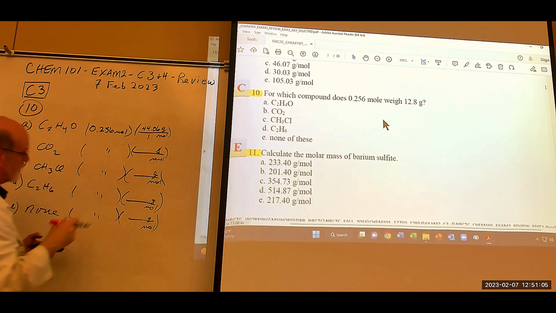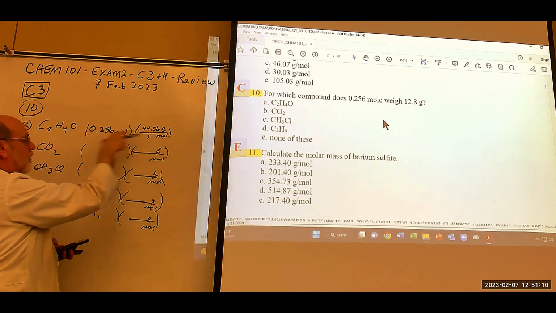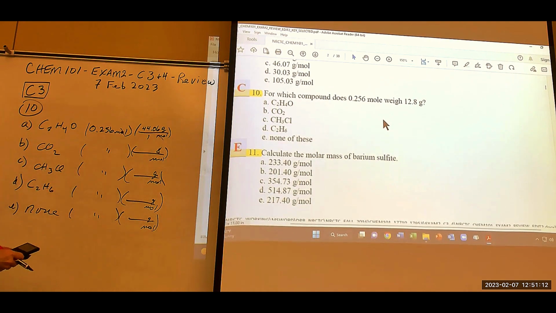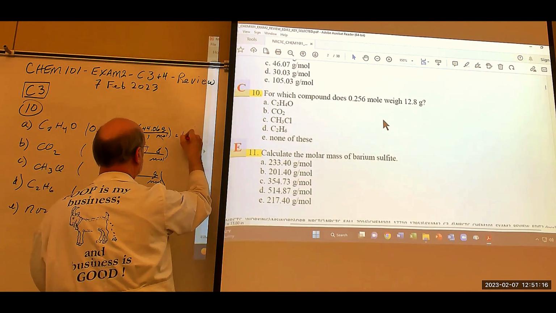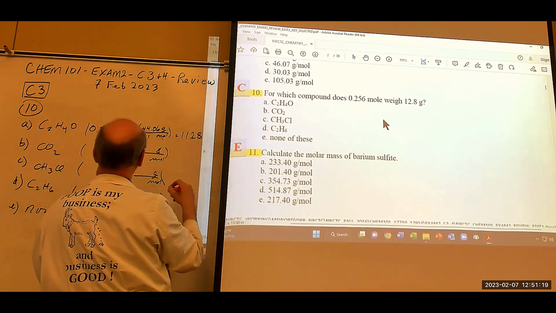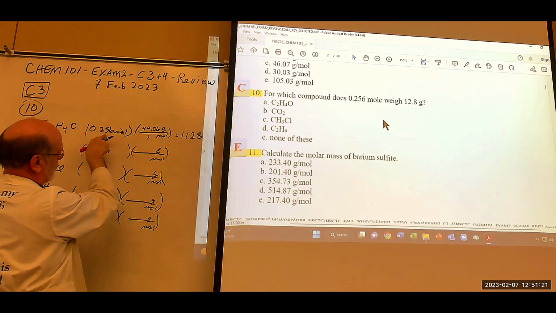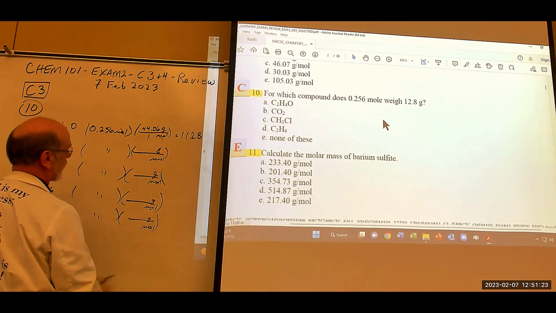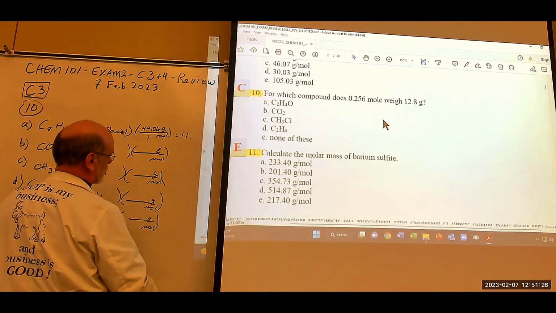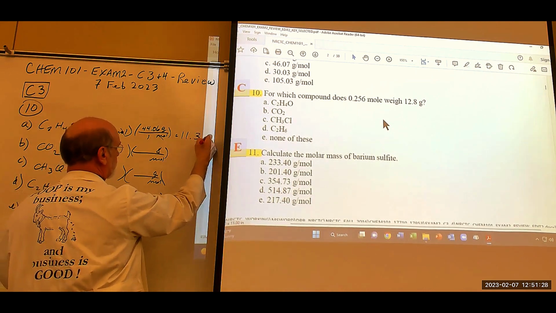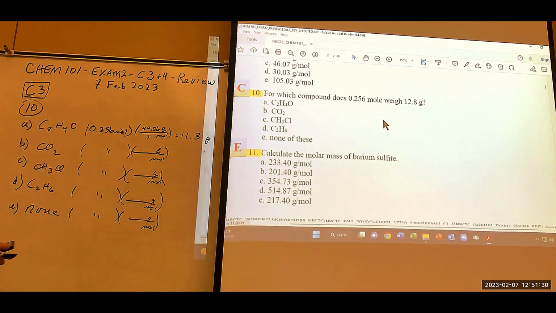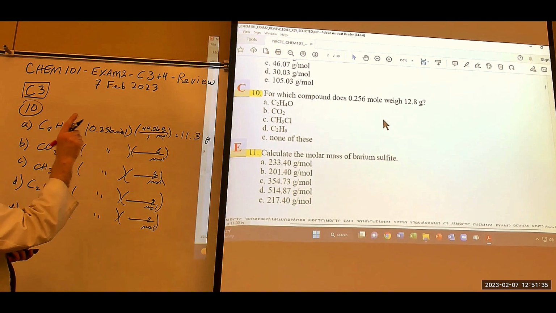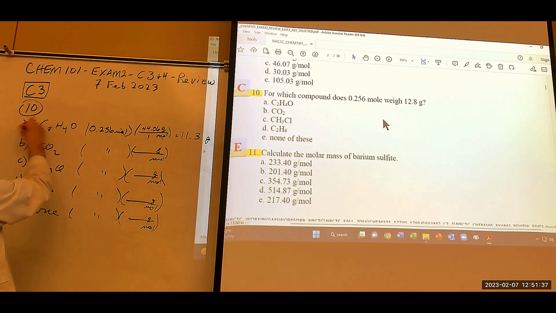I've already got it in my calculator, so I'm going to go ahead and do that. So the moles cancel, and we're left with grams, 0.256 times 44.06 is 11.28. Well, actually, it ought to be 11.3 rounded off, with correct significant figures. That's not it. That's not the one.